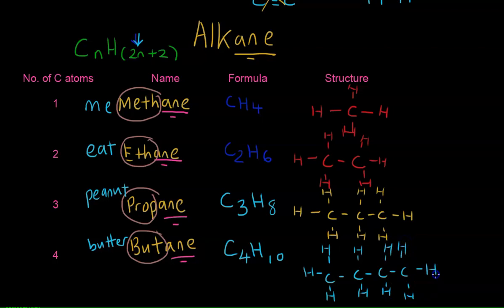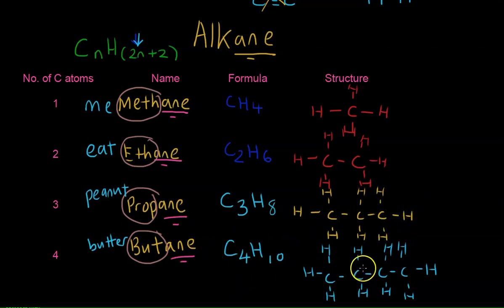If you are not sure, you can do a final count. The formula here is C with 4 H. C2 with 6 H: 1, 2, 3, 4, 5, 6. C3 with 8 H's: 1, 2, 3, 4, 5, 6, 7, 8.